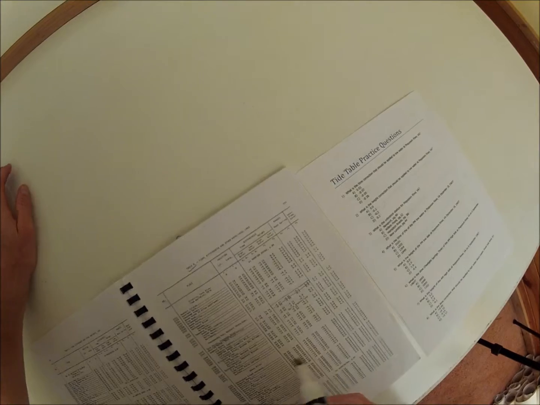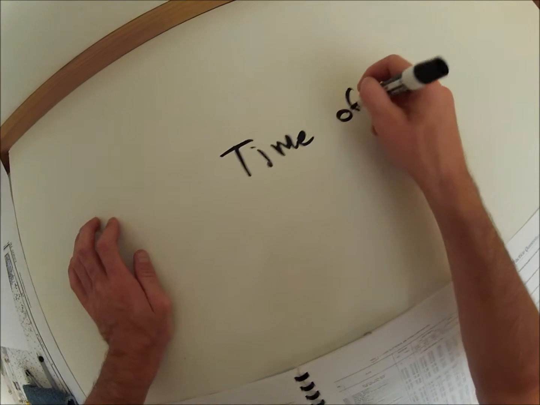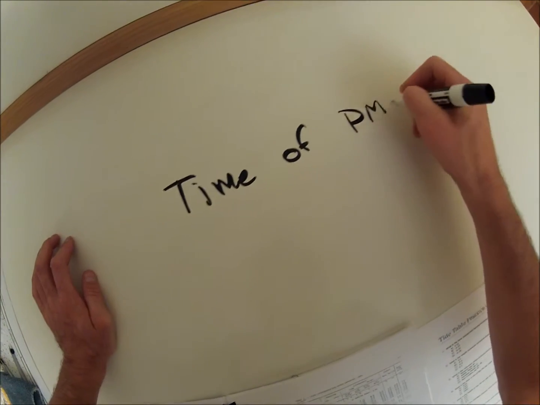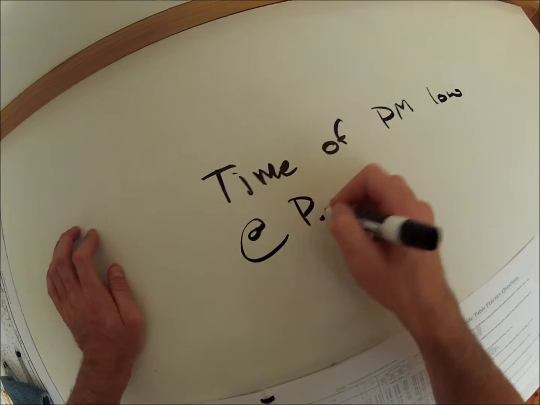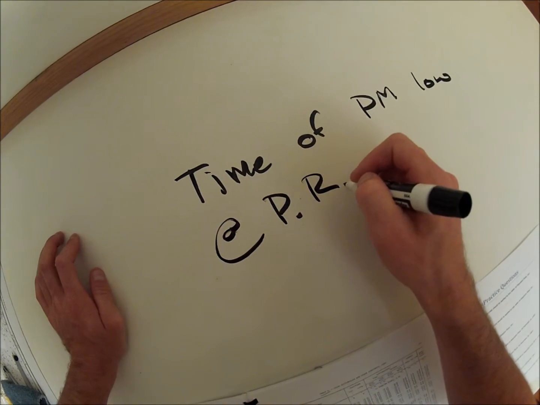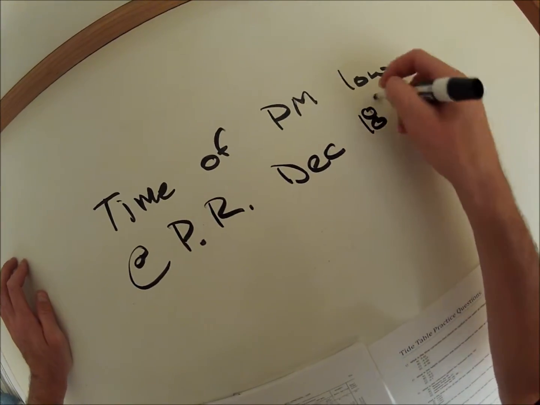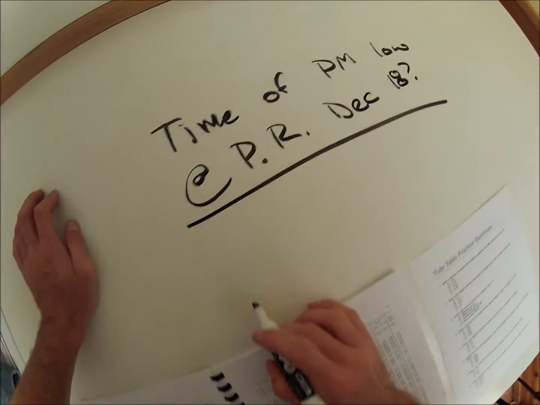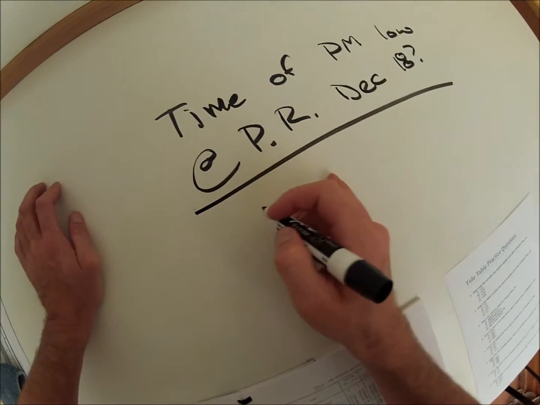So we want to know the time of PM low at Pequosen River, December 18.